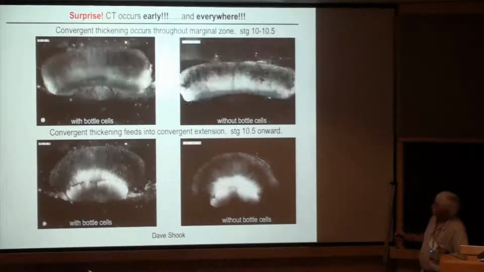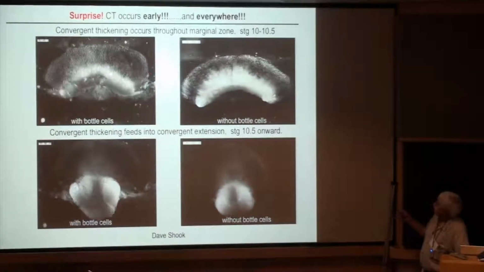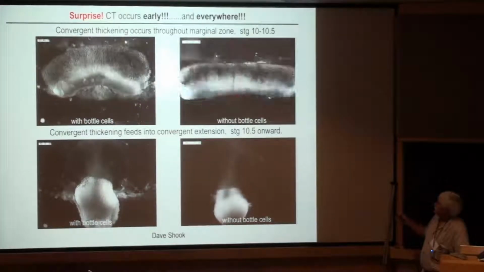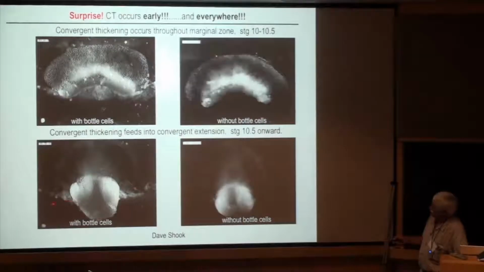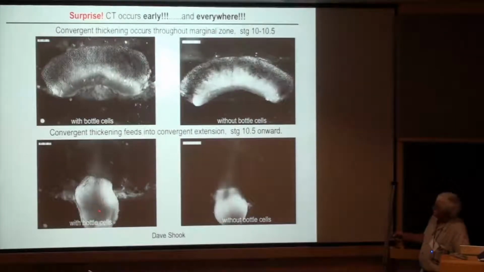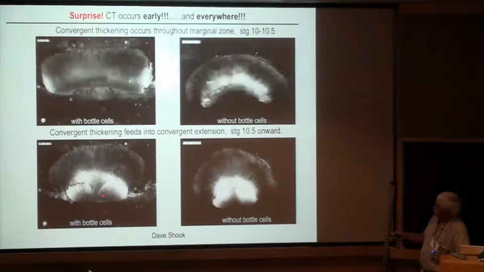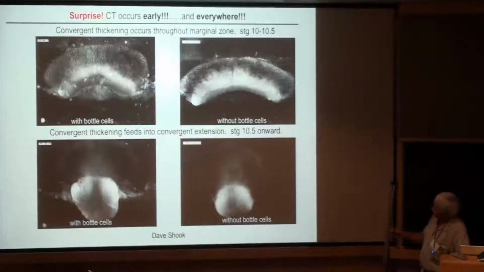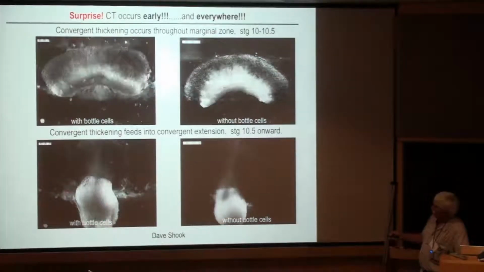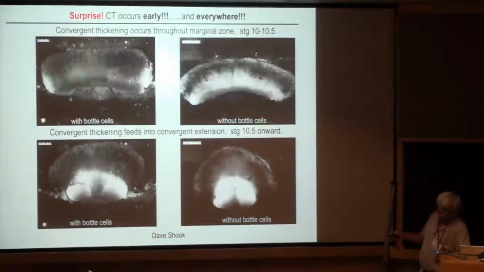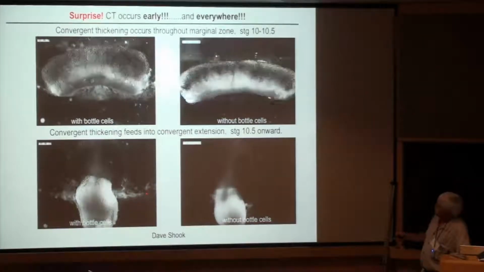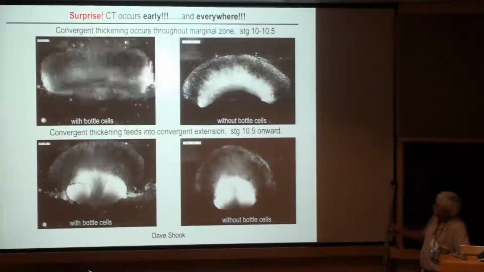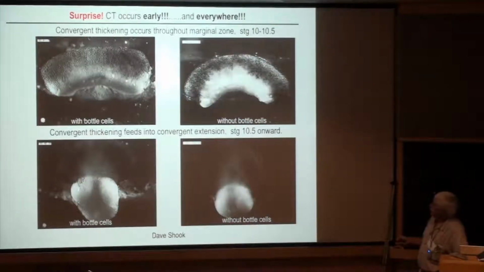Well, that's because the basis of this is that the epithelium here loses its affinity for the deep layer, and this just thickens up by tissue surface tension. And then when convergence and extension occurs, the epithelium reanneals to allow this thing to extend itself and generate more surface area. So this is convergent thickening, and then it feeds right into convergent extension. So there are 2 mechanisms there.